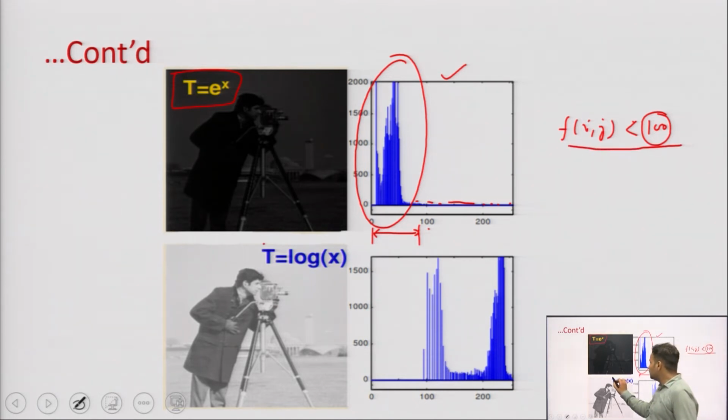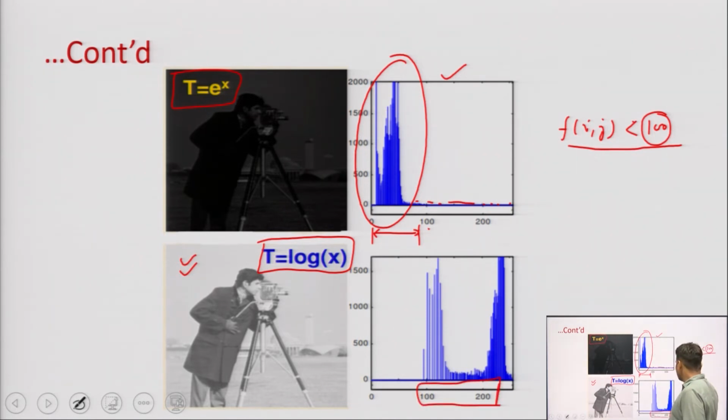Now, if we choose another nonlinear function, t equal to log of x, then you may observe that most of the image becomes white. If 0 is the black portion and 255 is the white portion, you may observe that up to 1600 pixels hold values of more than 200.